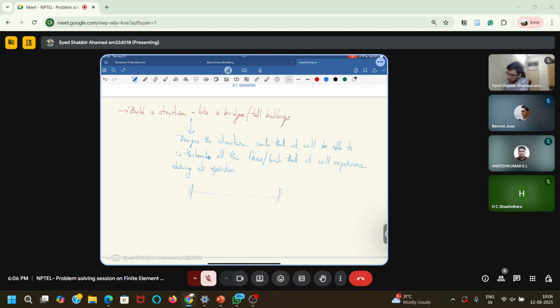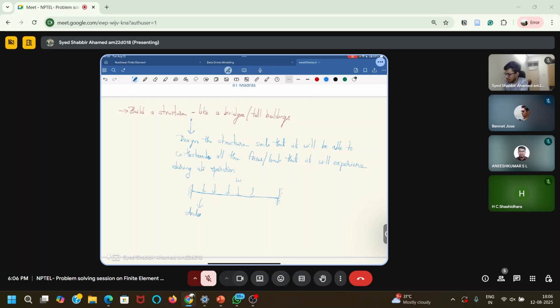Initially you take some thickness of the beam, and you apply the load you have estimated, and you try to look at the internal forces, the stresses, or the deflection experienced by the bridge, or in this case, a beam. So what is this called? We call this analysis.